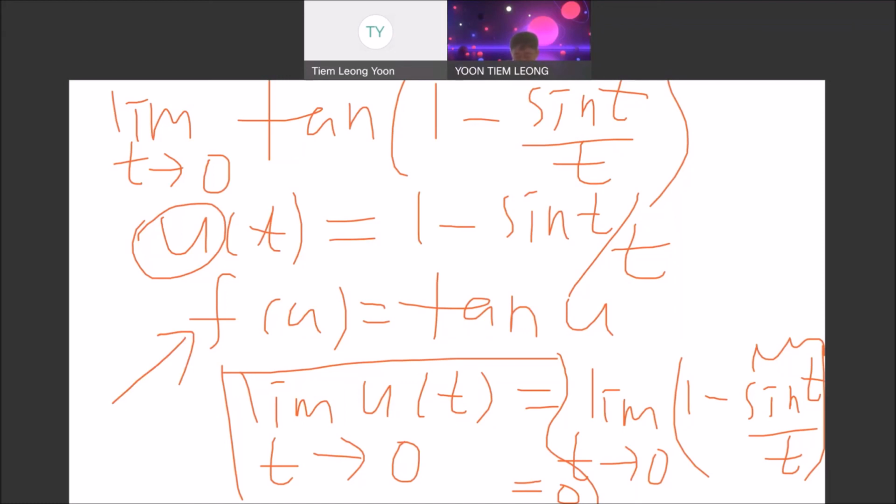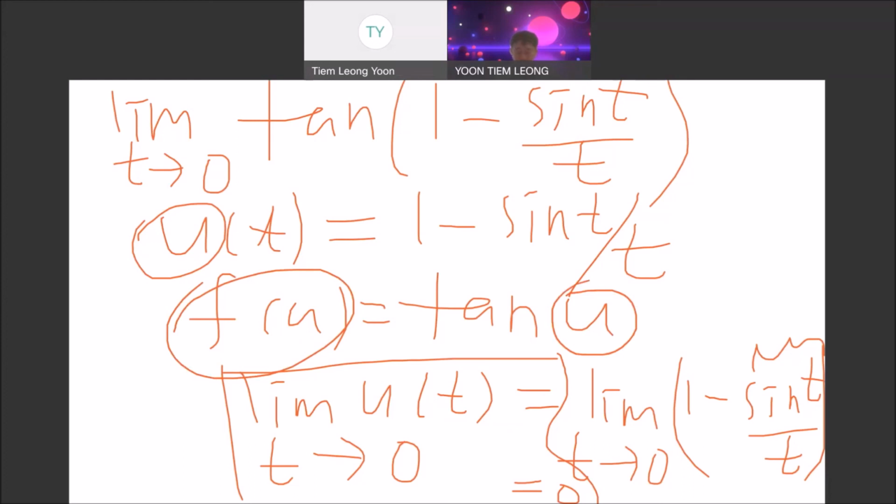In the limit t tends to 0, u tends to 0. So in that limit, we are trying to ask whether the function f of u has any limit when u tends to 0.